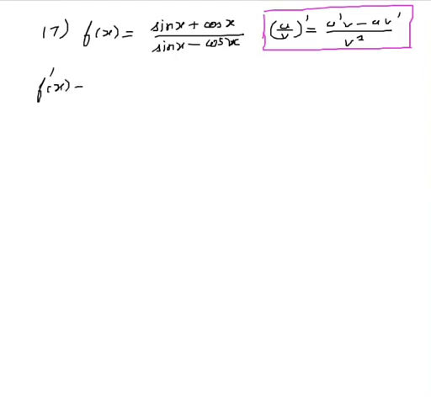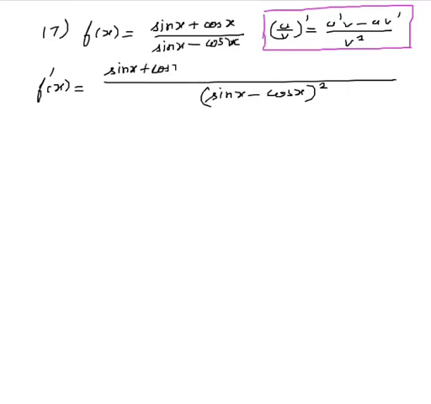Therefore, f'(x) is (sin x minus cos x) squared, (sin x plus cos x)' times (sin x minus cos x), minus u, which is sin x plus cos x, times v', which is (sin x minus cos x)'.